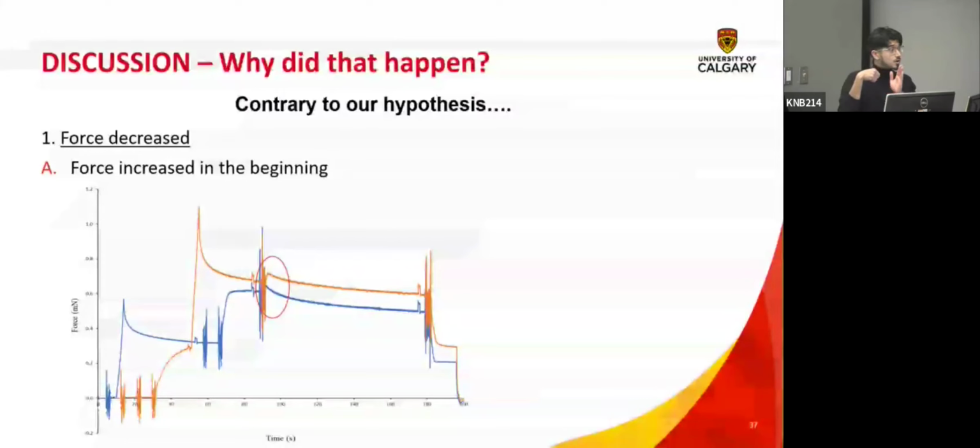For the newer cross bridges that are being attached, it's unclear whether they'd be able to go through the entire motion and actually pull in any farther, because you already are getting resistance from the previously attached post-stroke conformation cross bridges. So there's a lot of moving parts, a lot of things to consider. But thank you, Walter. This does give a lot of food for thought.